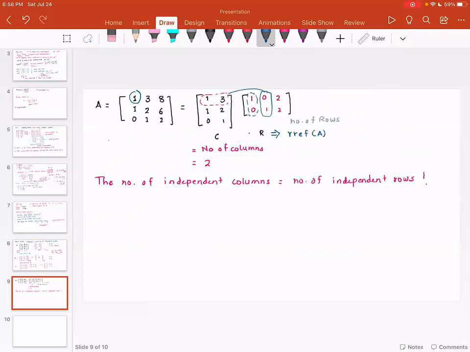This is also called row reduced echelon form. And this is called the column space C, and this is called the row space R.